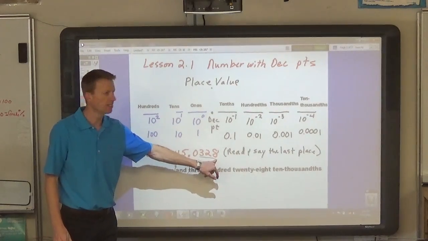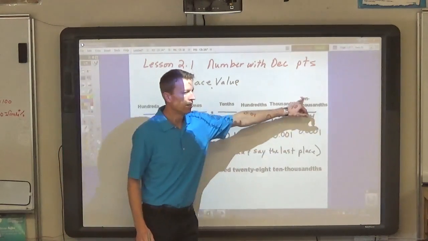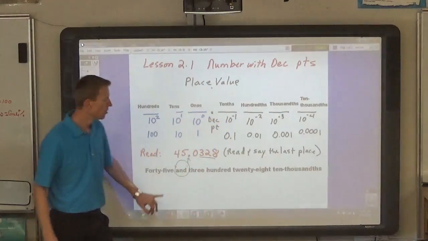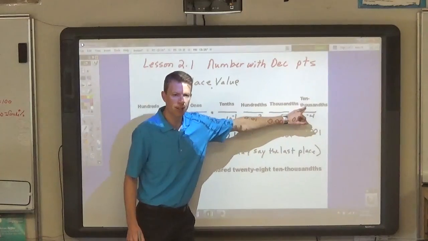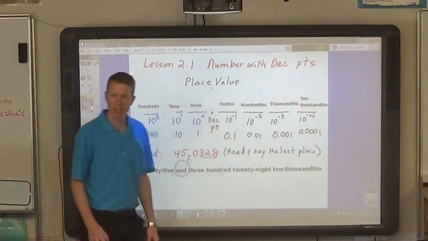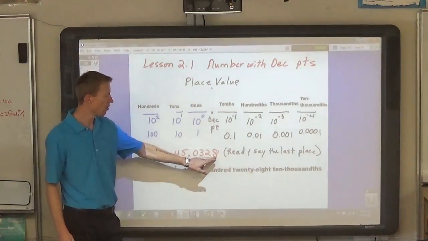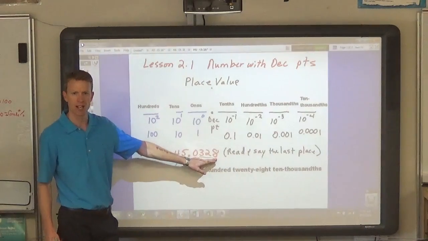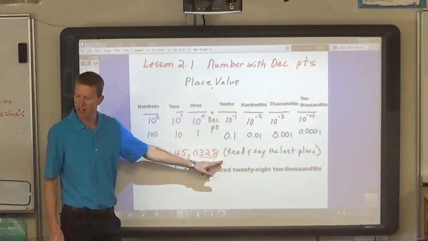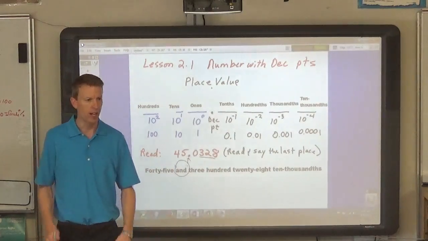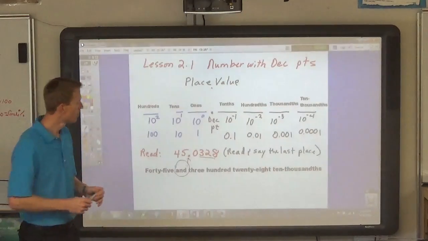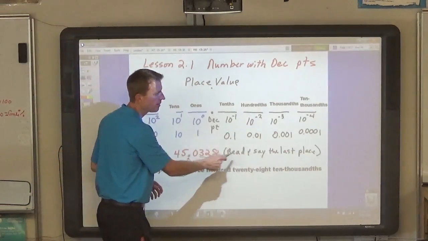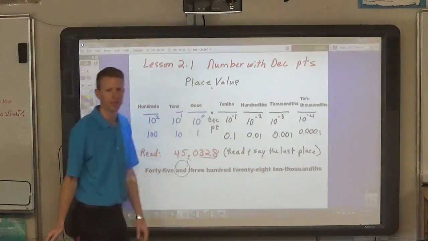The fourth place is called the 10,000ths place, so you read it as 328 10,000ths. Wherever the last non-zero digit ends, so any numbers 1 through 9 are non-zero digits, that last place is the place that you say.